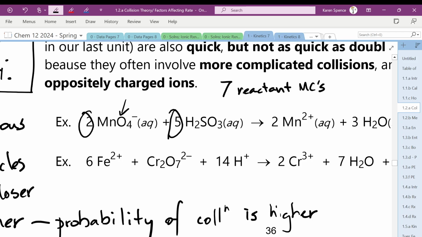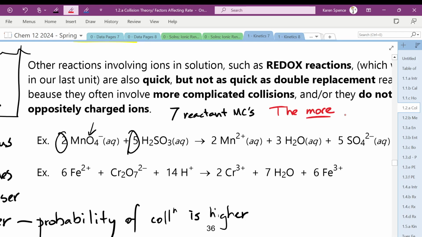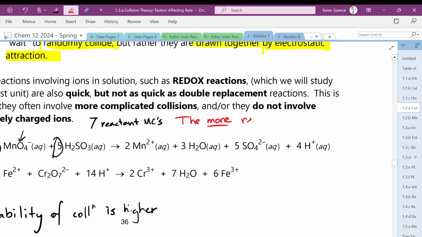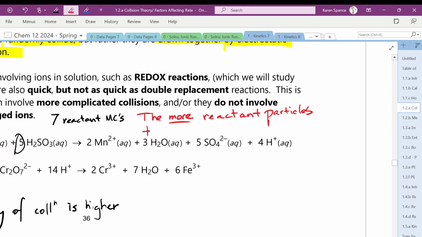The more reactant molecules that have to collide, do you think that's going to make the reaction faster or slower? Slower. It's going to make it slower. So the more reactant particles that need to collide, the slower the reaction.